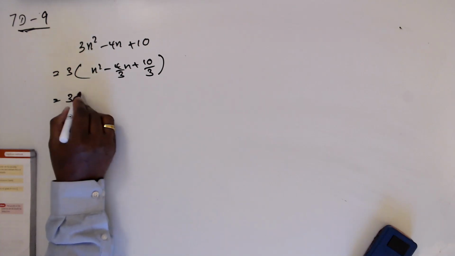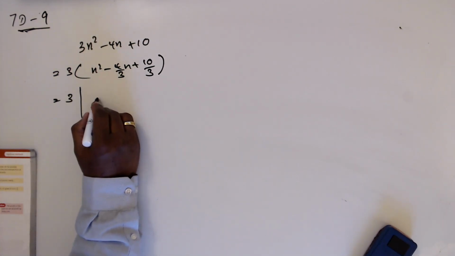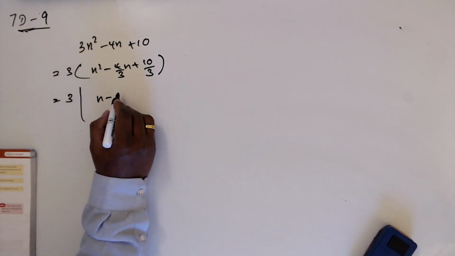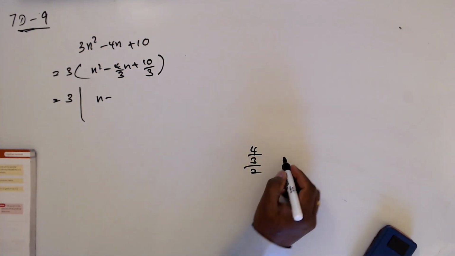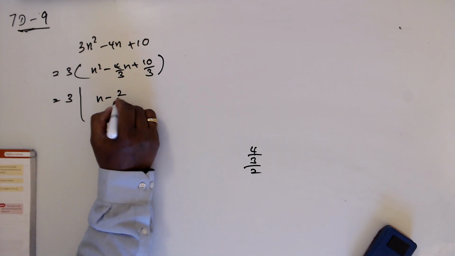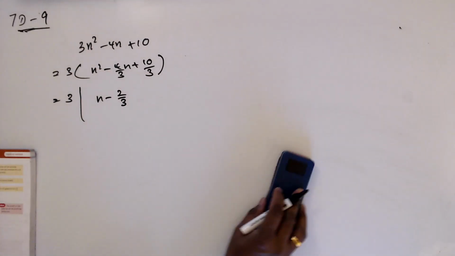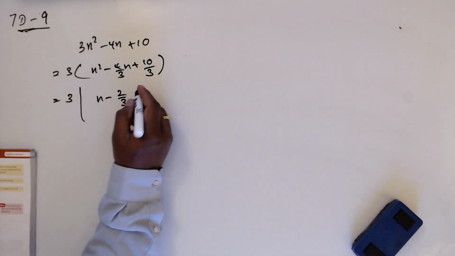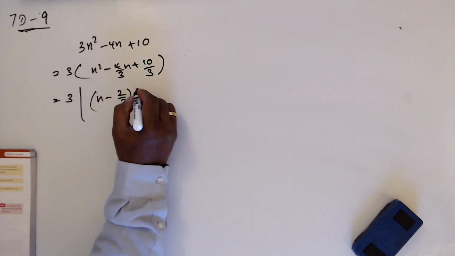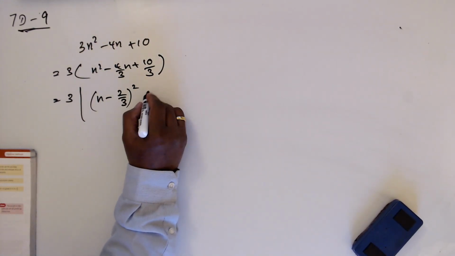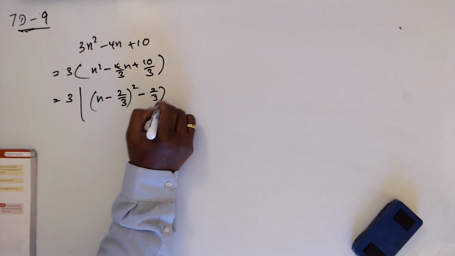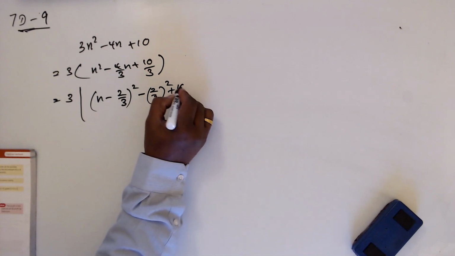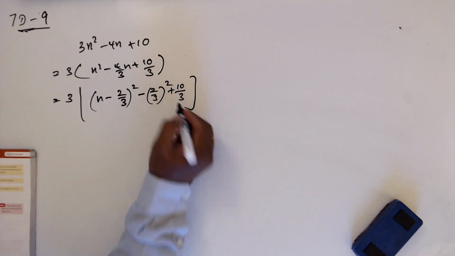Now keeping the 3, we'll start completing the square. n minus half of 4 over 3, which is 2 over 3, squared, minus 2 over 3 squared plus 10 over 3.